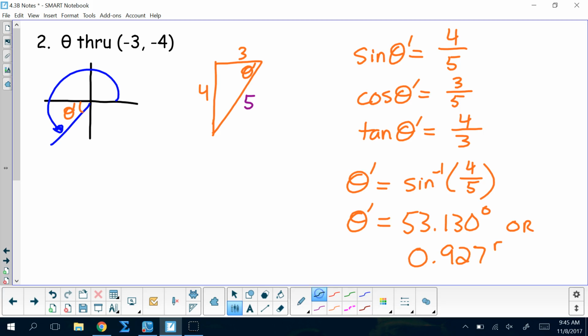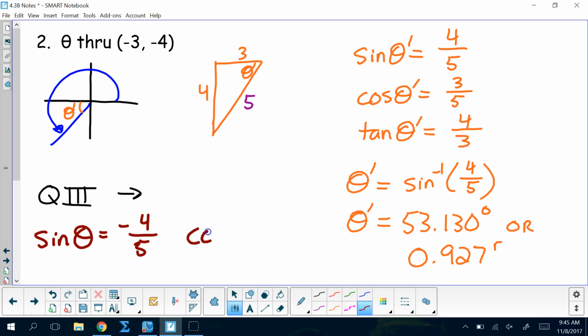We are in quadrant 3, right? So in quadrant 3, what's positive? Tangent's the only thing that's positive. Okay? So that means the sine of theta would be negative 4/5.